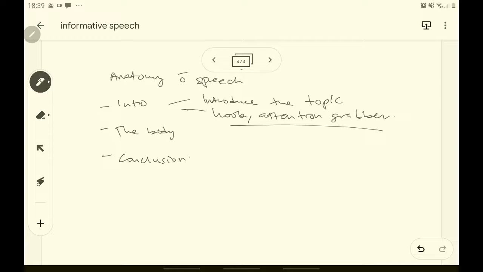And then the body could be separated into paragraphs. When you deliver your speech, it is actually like delivering your essay, but in oral form.